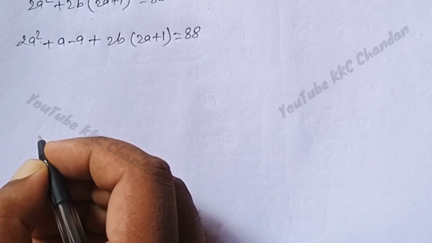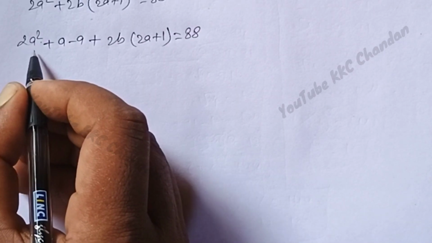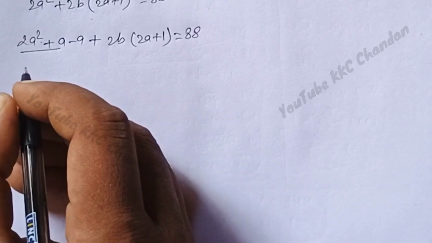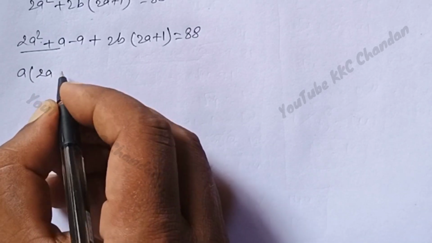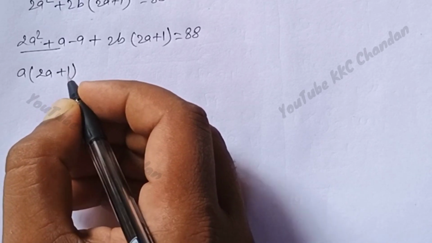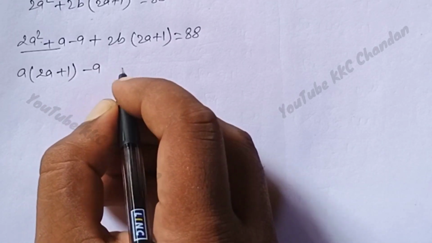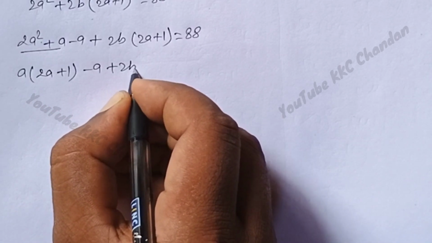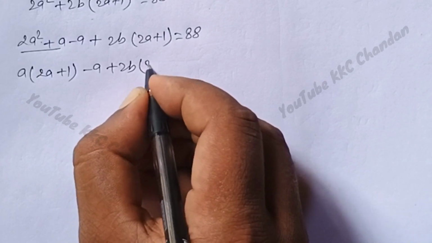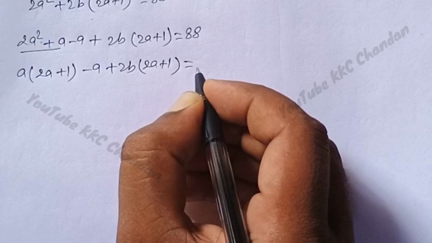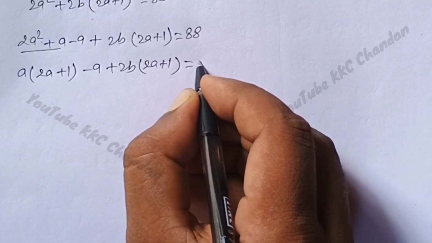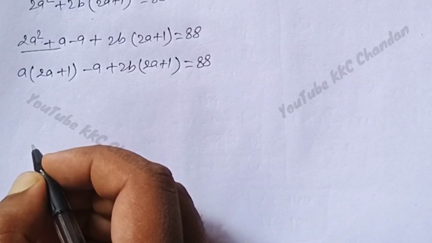In the next step, take common a from 2a square plus a: a, bracket open 2a plus 1 bracket close, minus a, plus 2b, bracket open 2a plus 1 bracket close, is equal to 88.